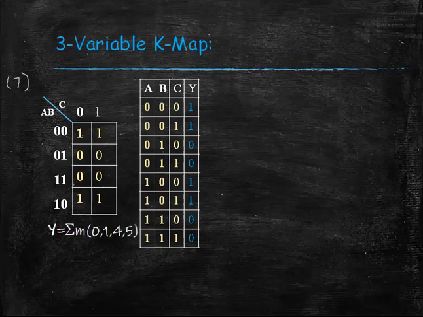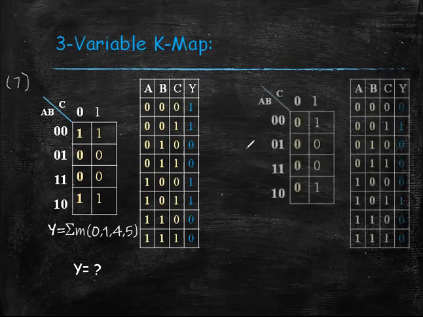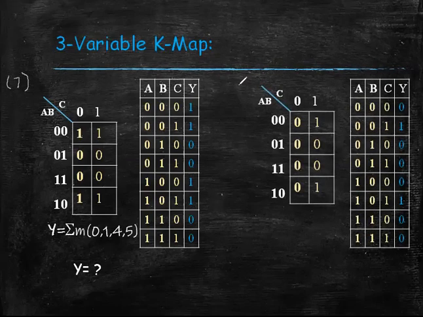SOP form is 0, 1, 4, 5. You should obtain the expression for y. And it is the 8th question. SOP expression is 1, 5. Okay.